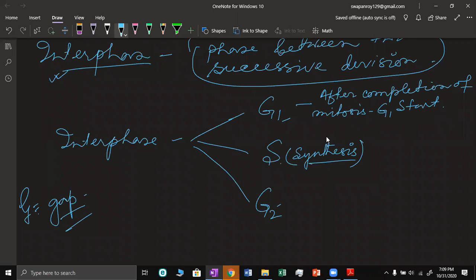And what happens in this phase, the cell synthesizes the cell protoplasm, so it grows in volume.